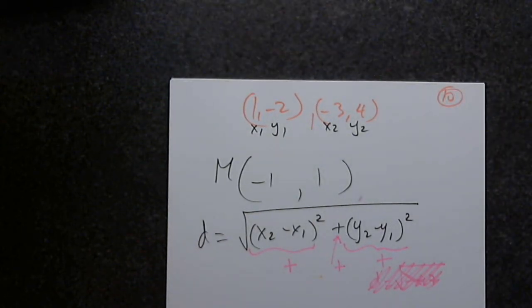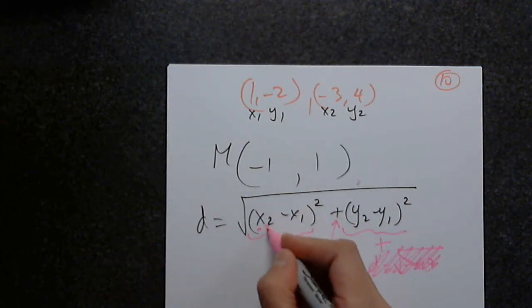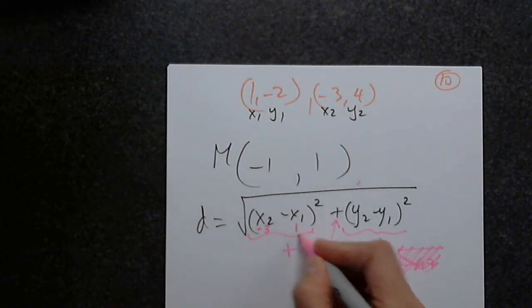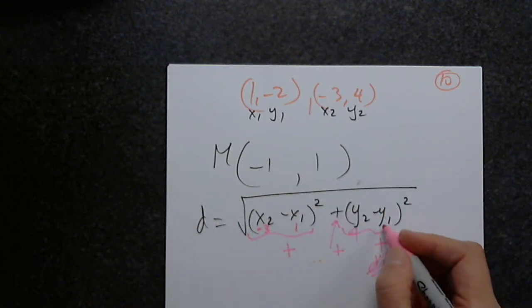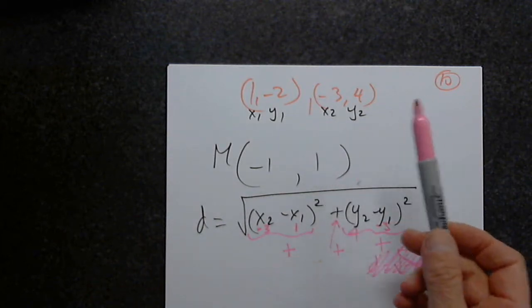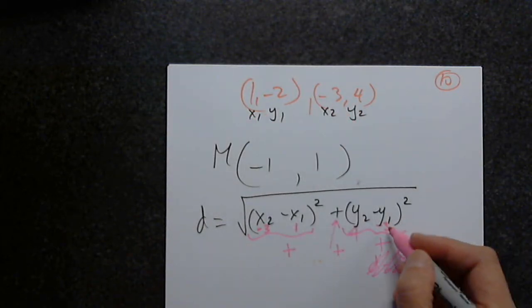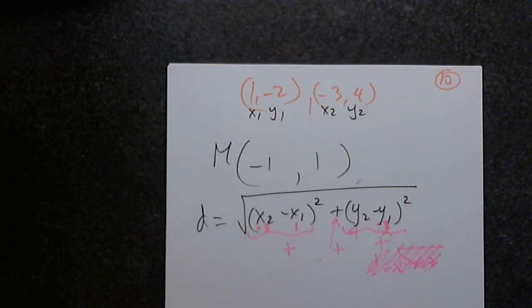Okay, so now I just plug in the numbers. My x2 is negative 3, my x1 is 1, my y2 is 4, and y1 is negative 2. Hold on, I messed up. So 4 minus negative 2 and negative 3 minus 1. Perfect.